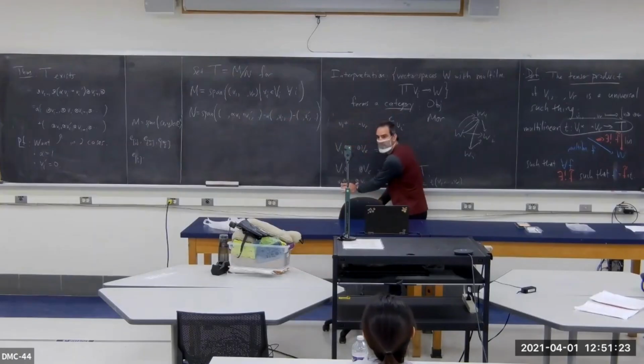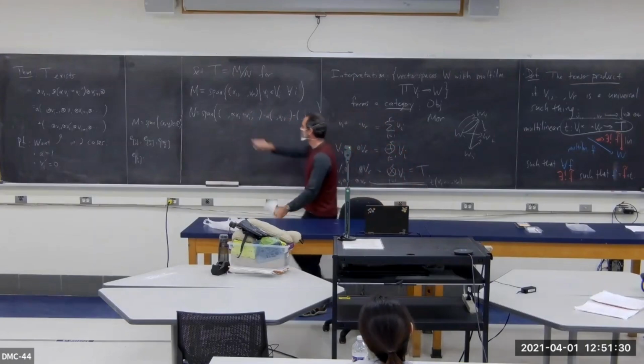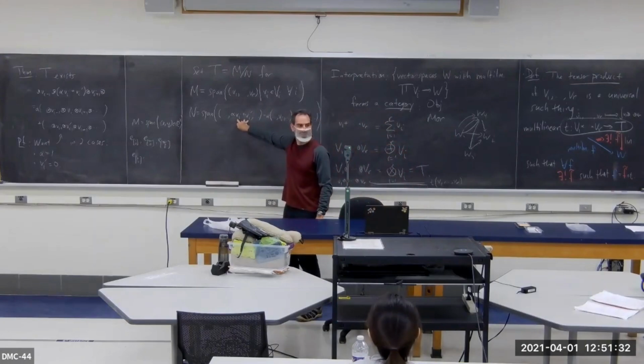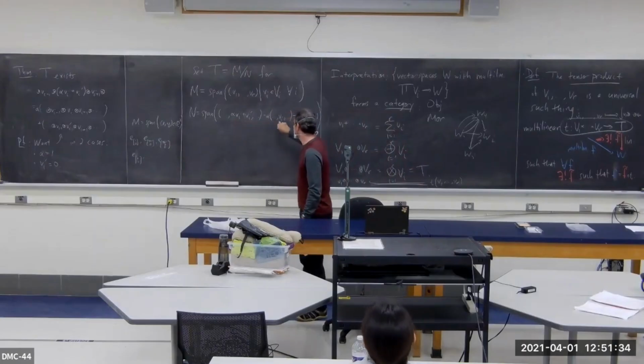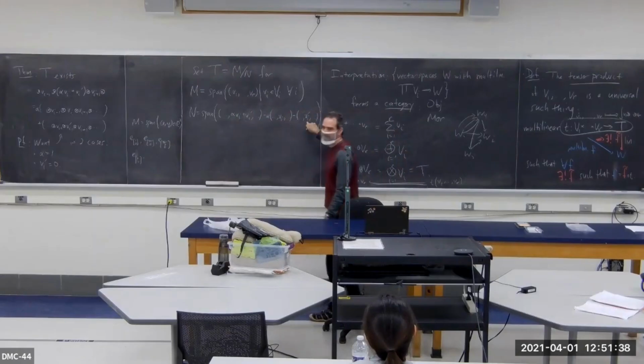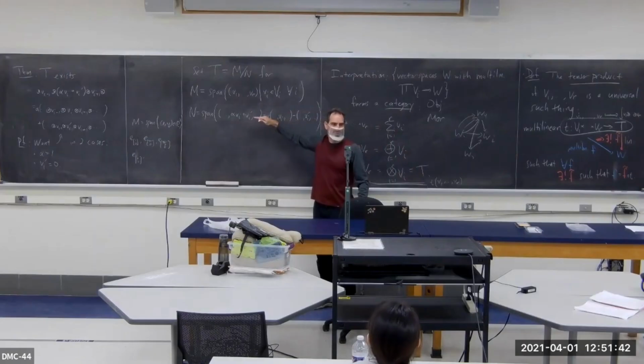So M is the set of symbols, which you should think of as these tensor products v_1 up through v_r, and I'm simply declaring that when I put a linear combination in the ith slot, it's equal to alpha times the one with v_i there, plus the one with v_i prime there. N is what you're setting equal to 0, because you're modding out by it.